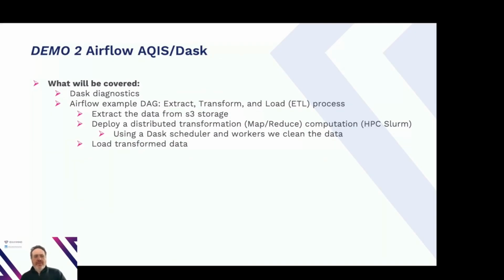So we've come to the second demo, and what will be covered here is an example DAG of an ETL process, and we can use the diagnostics dashboard to look at the computation as it runs.